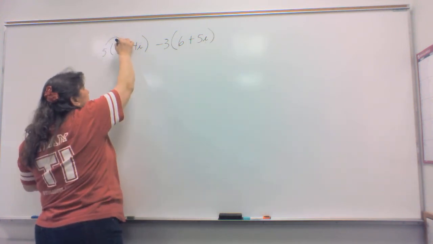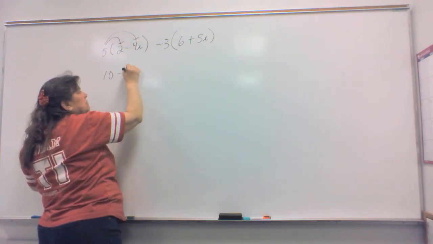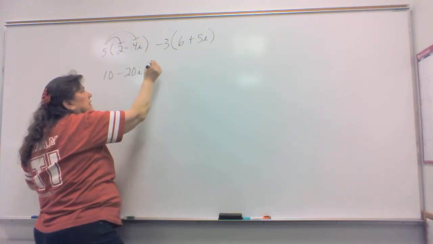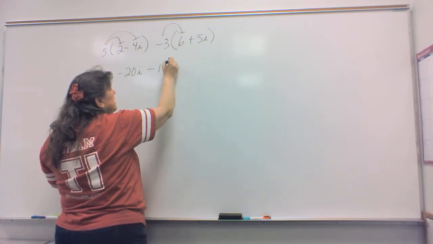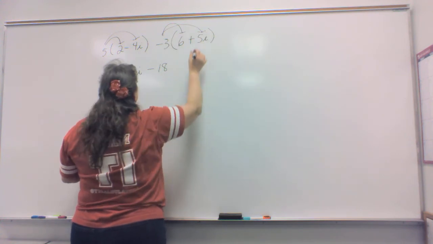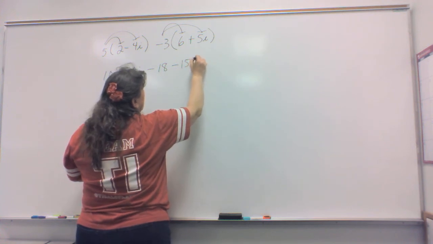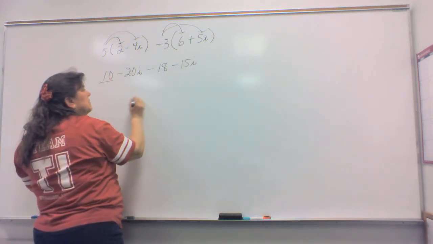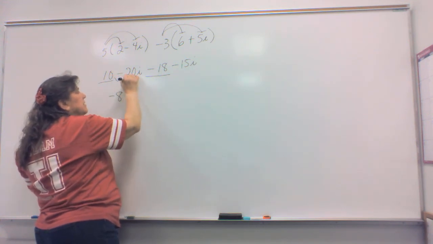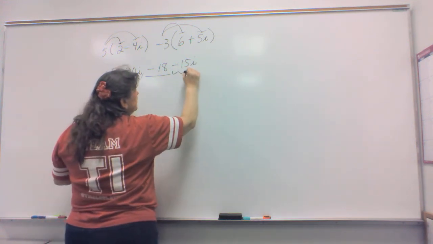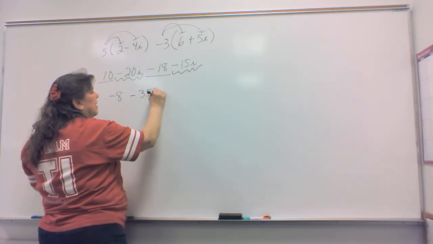So 5 times 2 is 10, and 5 times negative 4i is minus 20i. Negative 3 times 6 is minus 18, and negative 3 times 5i is a negative 15i. Now notice, like terms, 10 minus 18 is negative 8. Negative 20i minus 15i is a minus 35i.